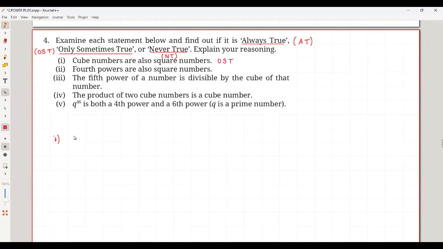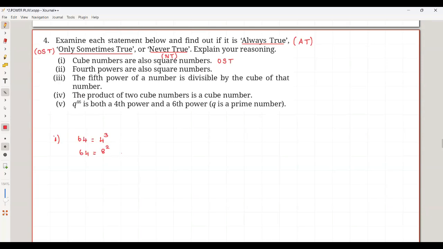The reason, I'm writing: 64 is a cube number as well as a square number. 64 is a cube number, 4 cube is 64. The same way 64 is a square number, 8 square is 64. So 64 is a cube number as well as a square number.